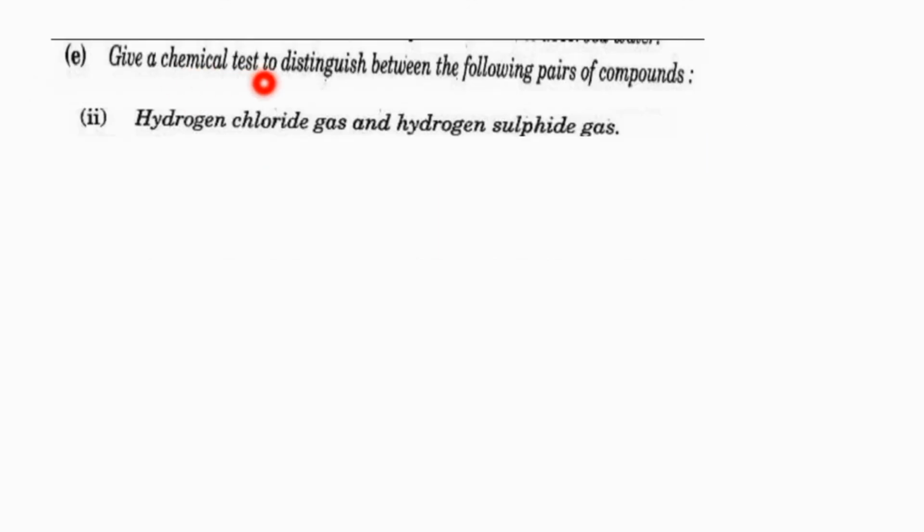Now see this question. Give a chemical test to distinguish between the following pairs of compounds. Hydrogen chloride gas and hydrogen sulfide gas. So any test is coming to your mind? Whenever hydrogen chloride gas is evolving out of the test tube, we will show a glass rod dipped in ammonium hydroxide solution. So what will happen? If the gas evolved is hydrogen chloride, it will be giving dense white fumes of ammonium chloride.